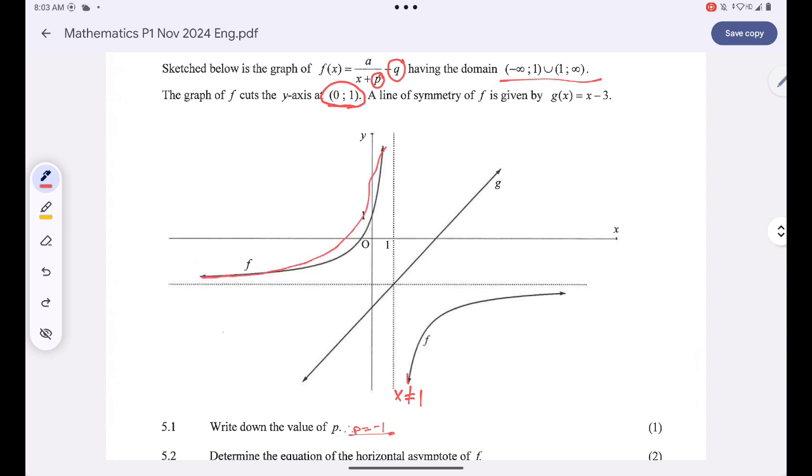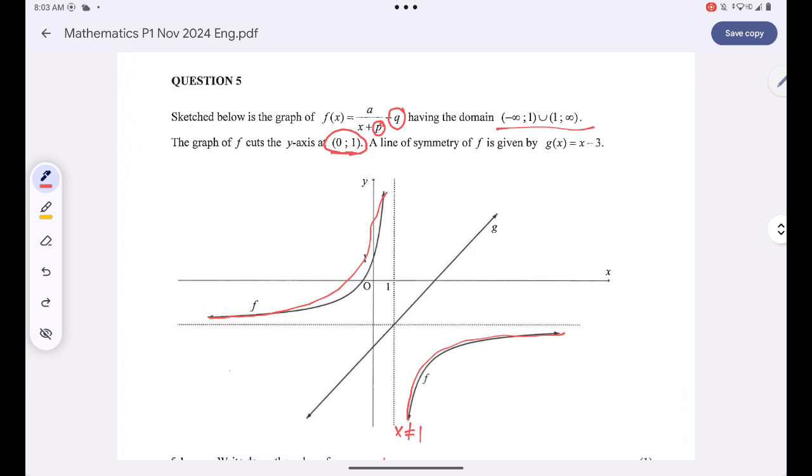Moving from left to right, your graph is still going up. So I can therefore conclude that if a is negative, my graph will be increasing. Are you together? If a is negative, my graph will be increasing. But if a is positive, my graph will be decreasing.